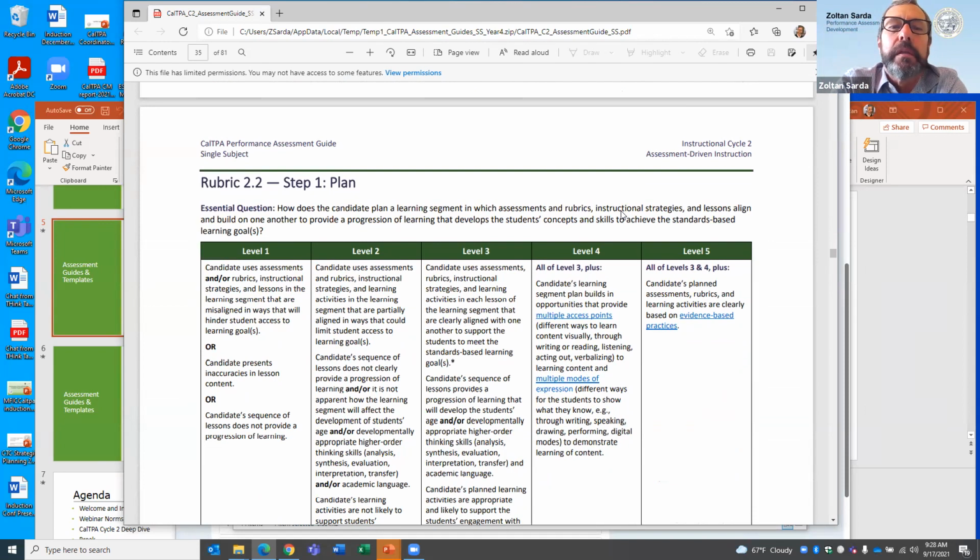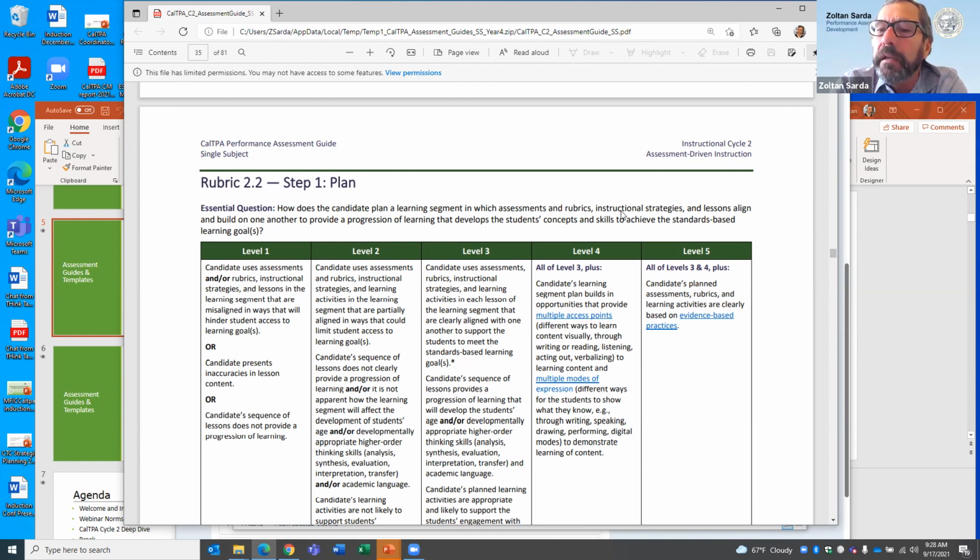And this one is really about that concept of alignment between the lessons in the learning segment and the progression of learning. So does the candidate create a learning segment in which assessments and rubrics, instructional strategies and lessons align and build on one another to provide a progression? That's the key piece here. Progression of the learning that develops the students' concepts and skills.